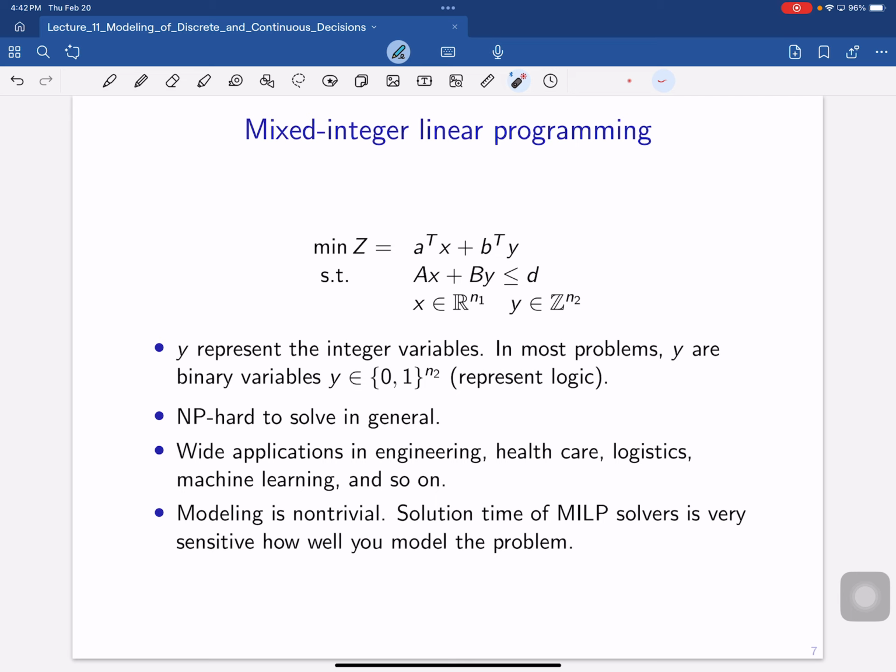In literally all the integer programming applications, the integer variables are binary variables. The reason is, if you have a general integer variable, let's suppose in a diet problem, we solve a linear programming problem, say how much milk, apples, eggs, and bread you should consume per day in order to satisfy your nutrient requirement.